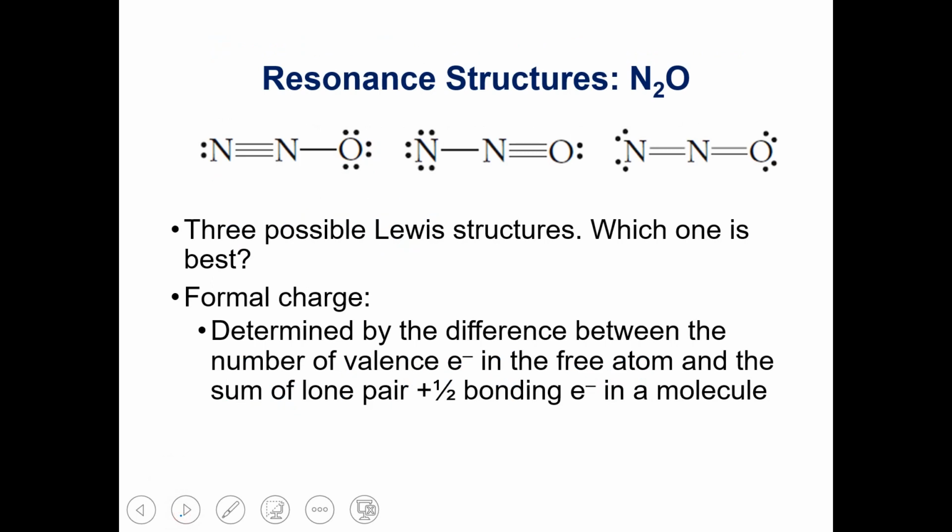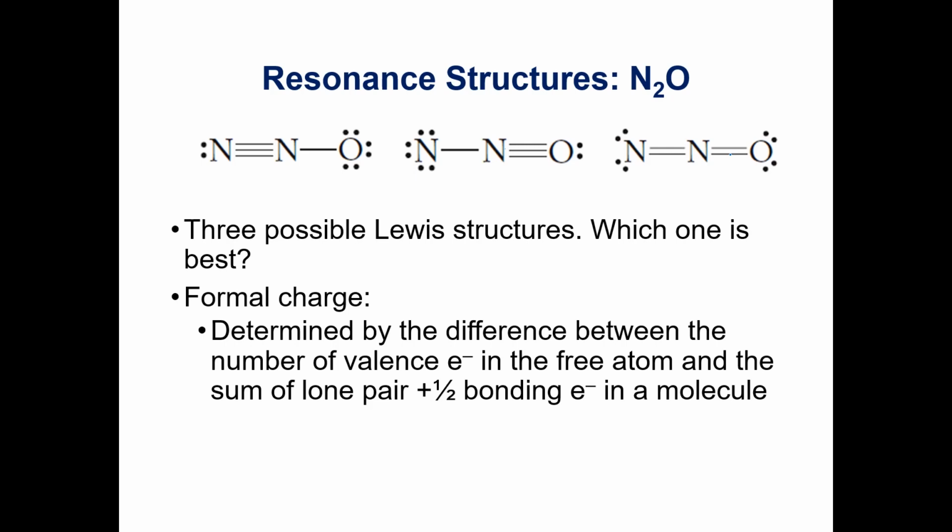But if I look at something like N2O, I could draw this by putting a triple bond between the 2 nitrogens. I could draw this by putting a triple bond between the nitrogen and the oxygen, or I could draw this by putting a double bond between each of the nitrogens and oxygens. So the question is, which one of these is the best structure?